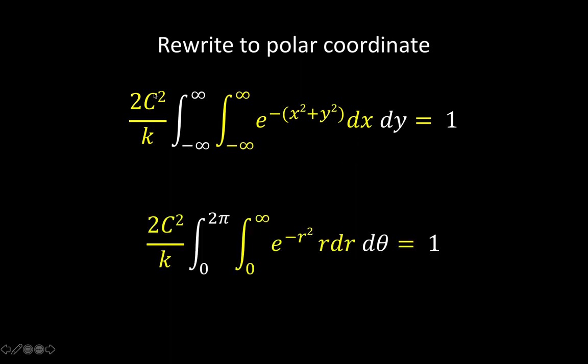Notice that here, we just copy the constant, we copy the e, we replace x squared plus y squared by r squared, and we replace dx dy by r dr d theta. The limits of integration from negative infinity to positive infinity become 0 to 2 pi, and the limit of integration for dx from negative infinity to positive infinity now becomes 0 to infinity in our dr differential.